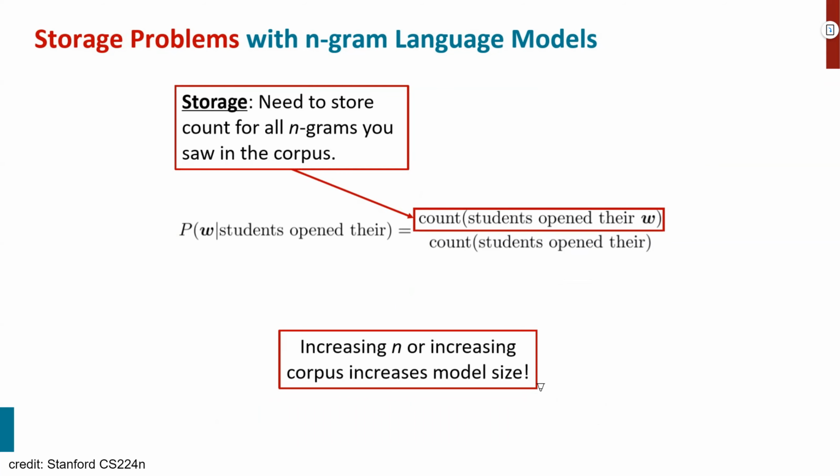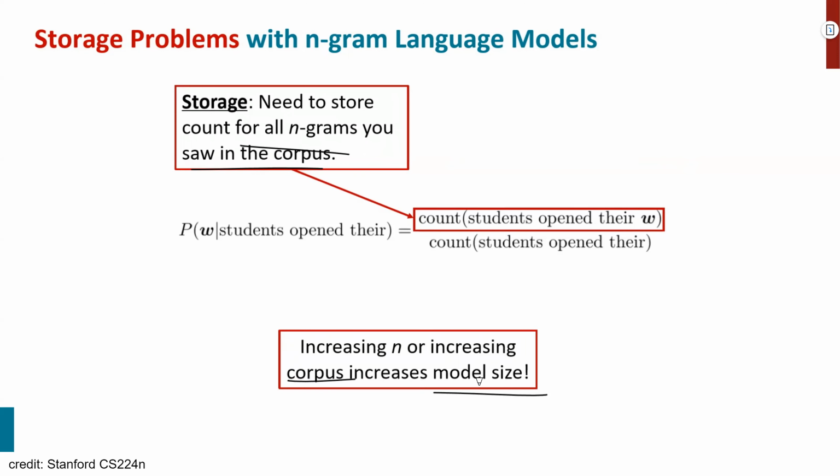Another problem with n-gram language models is storage. We need to store counts for all n-grams we saw in the corpus. As we increase the number of n-grams or increase the corpus, the model size increases.